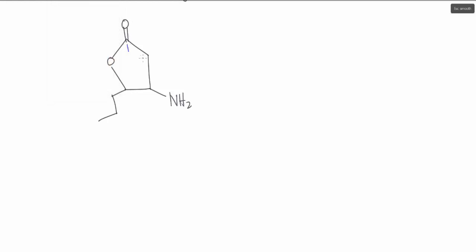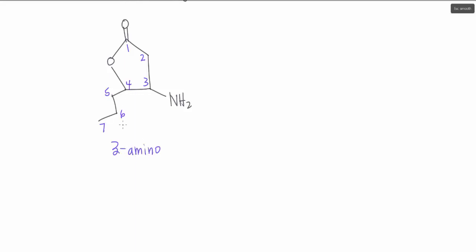Note 1, 2, 3, 4. Okay. My last intermolecular carbon is 4, and it's bonded to other carbons. So I'm going to do 5, 6, and 7. Okay. So what do we have? Again, we have 3 amino.